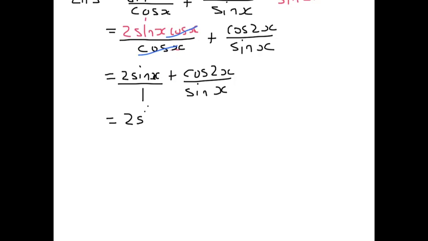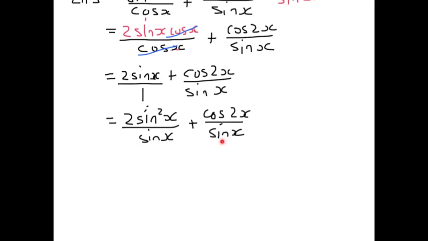So 2 sine squared x over sine x plus cosine 2x over sine x. So now I have common denominators. I can add the tops together. So I now have 2 sine squared x plus cosine 2x, all over sine x.